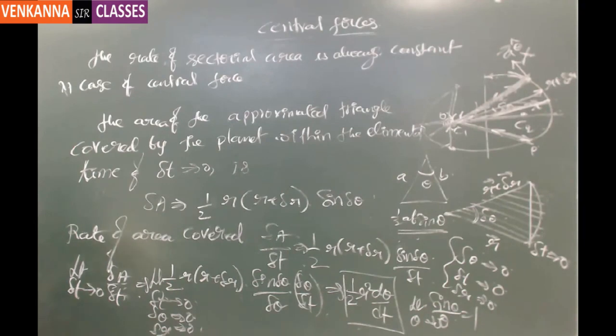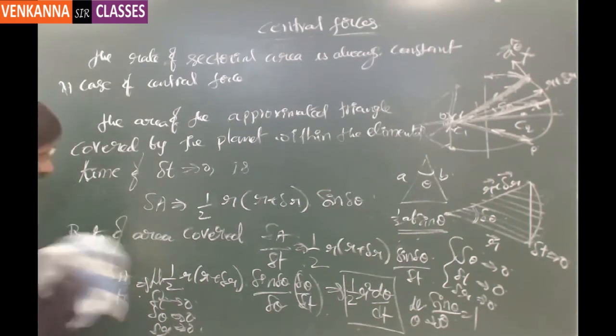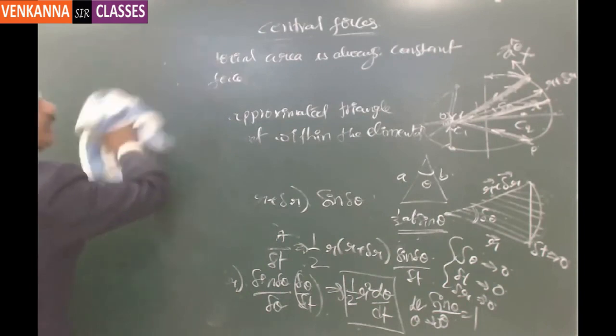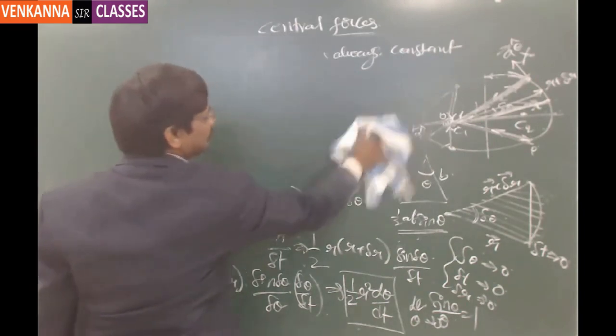Is this understood? Okay. So with this understanding, dA by dt is simply going to be h by 2, where h is a constant.